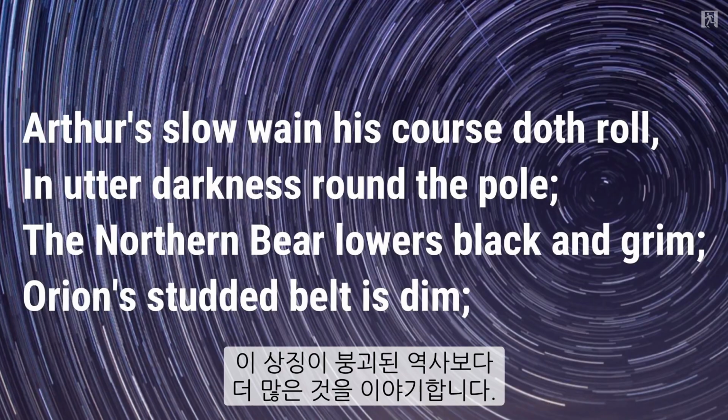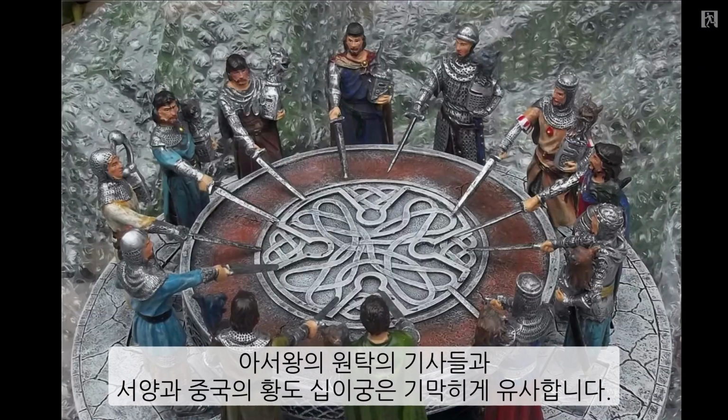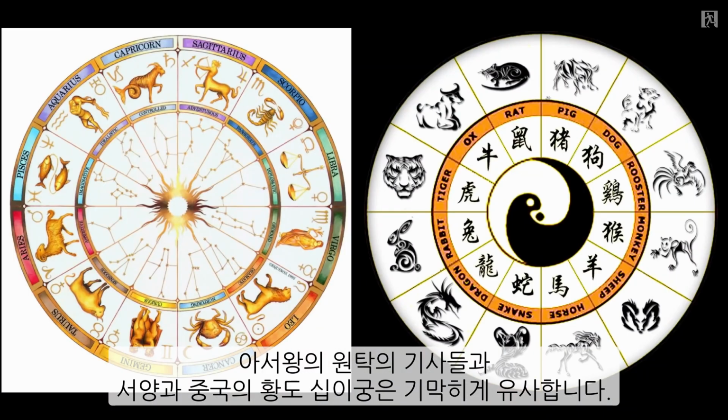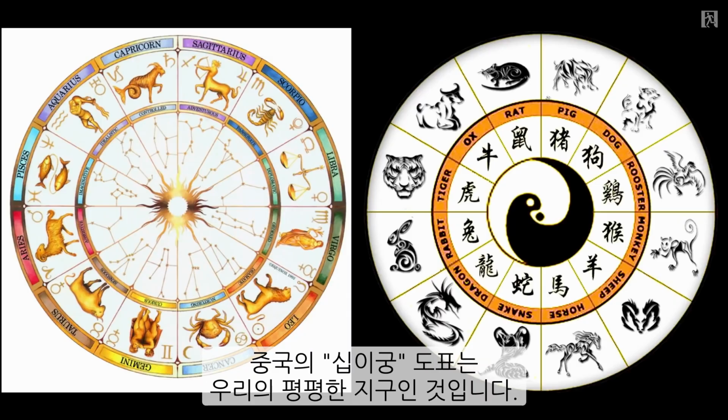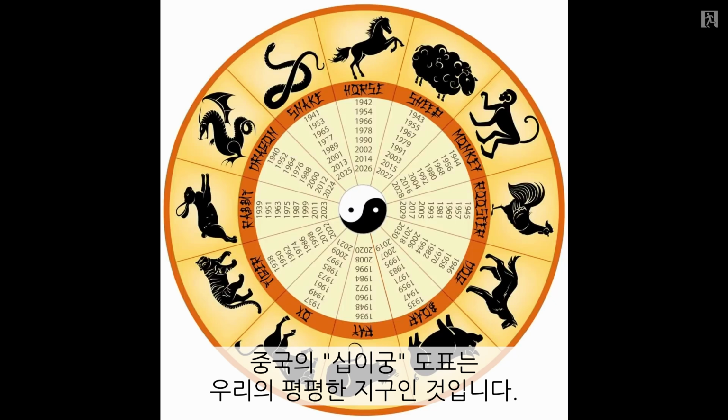The symbolism speaks louder than the corrupted history. King Arthur's Knights of the Round Table and the Western and Chinese zodiacs are strikingly similar. The Chinese zodiac table.